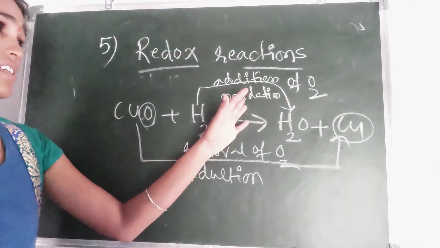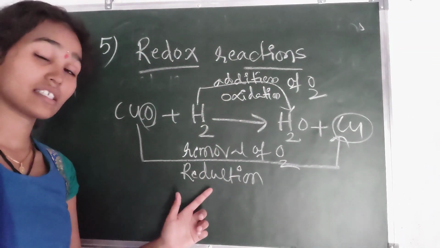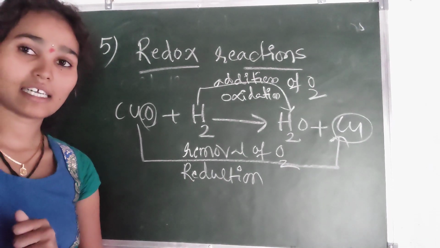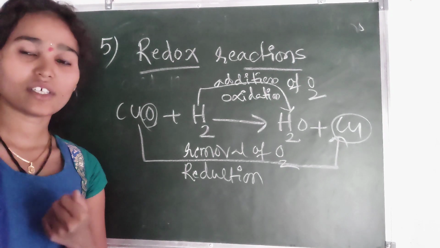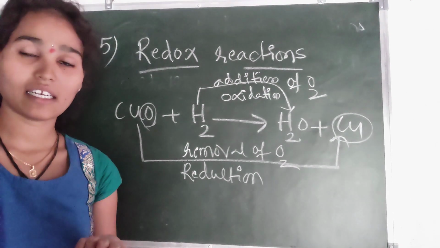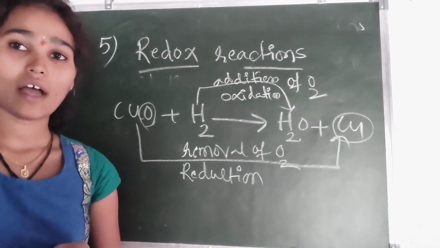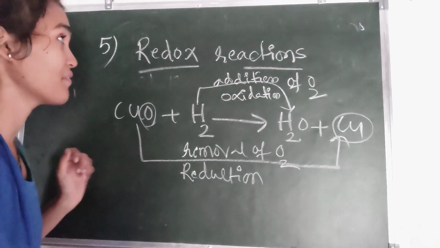So addition of oxygen is oxidation, removal of oxygen is reduction. So do you understand it clearly now? These are simple types of chemical reactions, most important and simple if understood. So everyone has to know about this clearly.